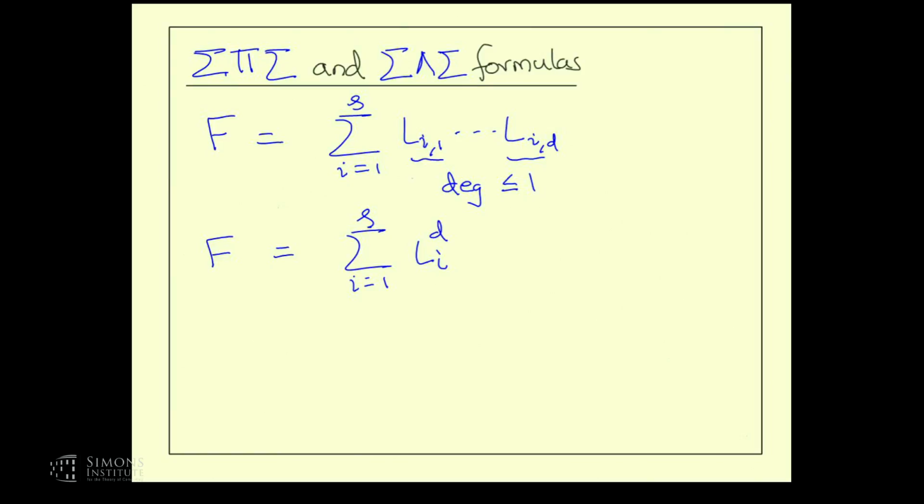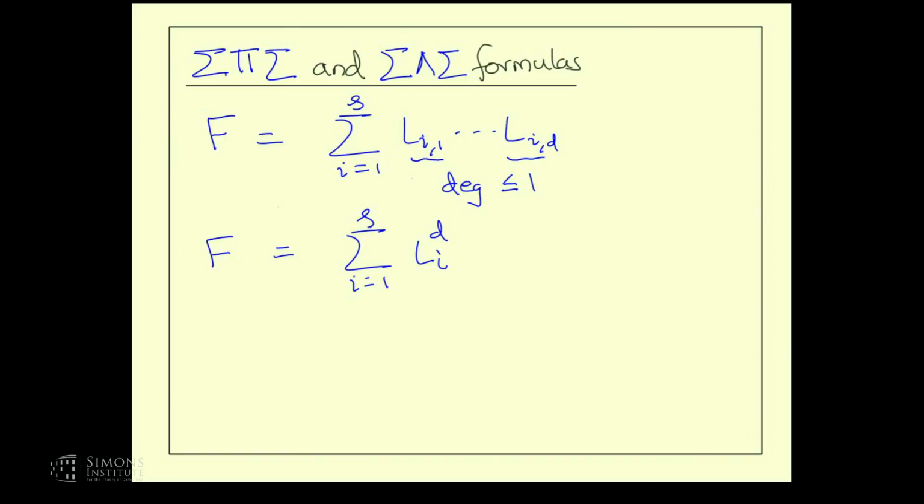It's denoted in this funny way with a wedge between two sigmas. So a sigma power sigma formula is just a sum of powers of linear polynomials. Just to connect up with what Christian was saying in the morning, the smallest s such that some polynomial has a description of this form is the Waring rank of that polynomial. So the complexity in this model is closely related to Waring rank.